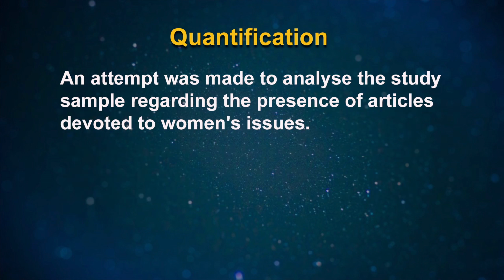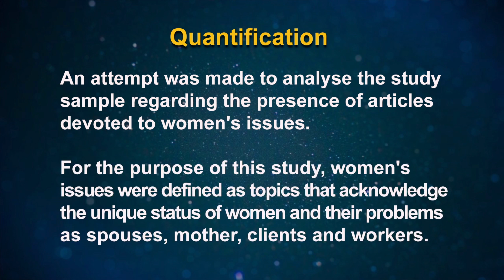An attempt was made to analyze the study sample regarding the presence of articles devoted to women's issues. For the purpose of this study, women's issues were defined as topics that acknowledge the unique status of women and their problems as spouses, mothers, clients, and workers. For example, rape, abortion, and wife abuse were some of the issues that were included in this category.